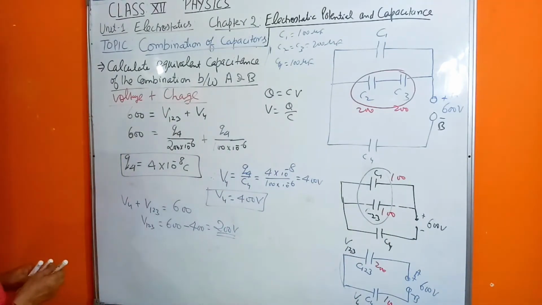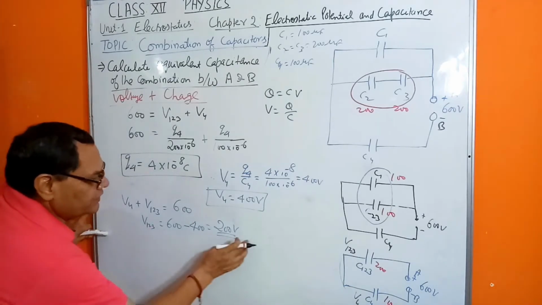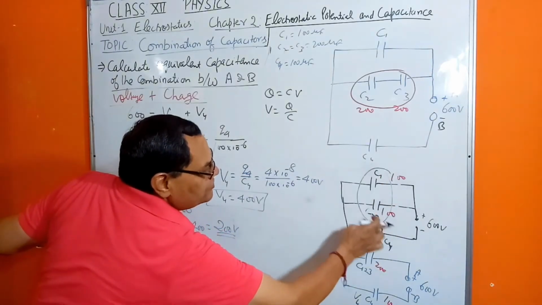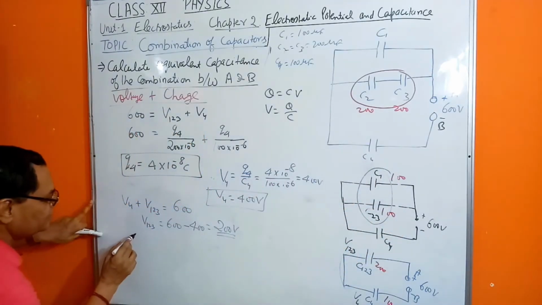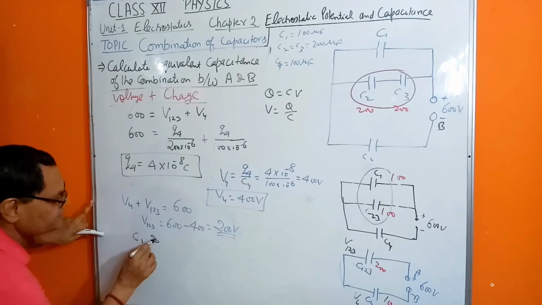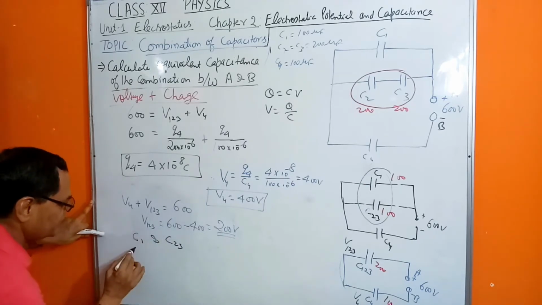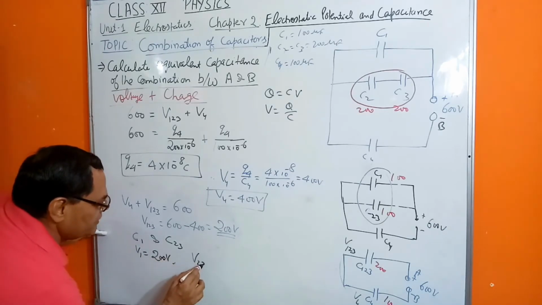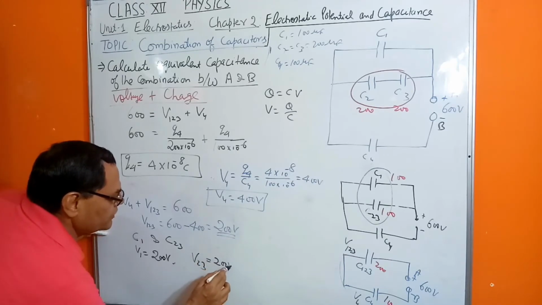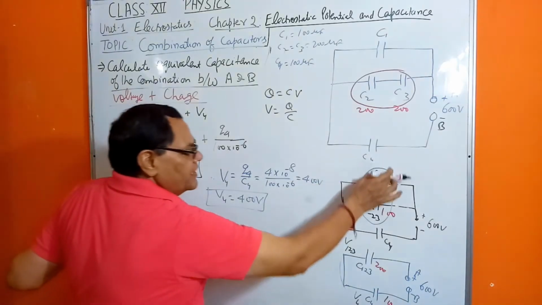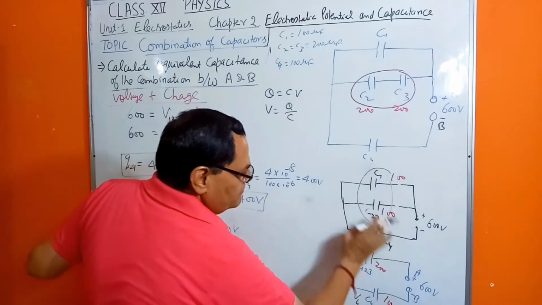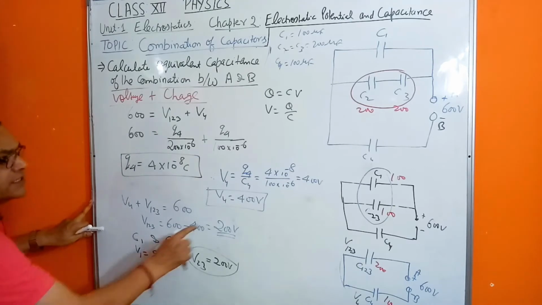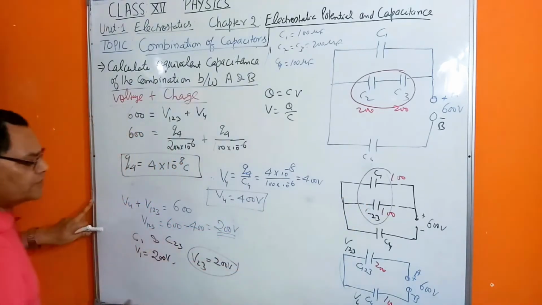So V123 is the voltage on the parallel combination, that is on C1 as well as on C23, meaning V1 will also be 200 volts. And of course V23 will also be 200 volts because they are in parallel, and in parallel the voltage remains the same. And when you know V1 and C1, you can find the charge as well.